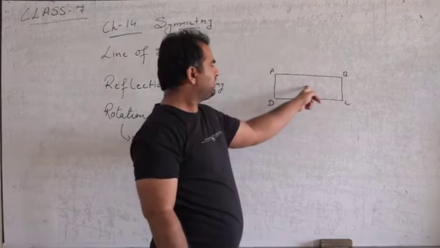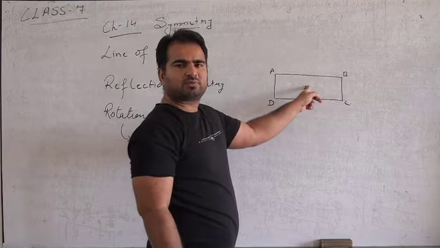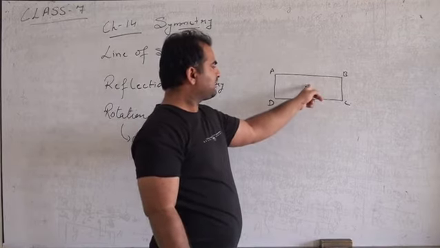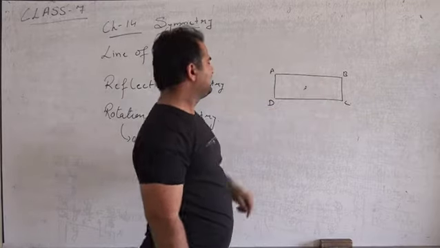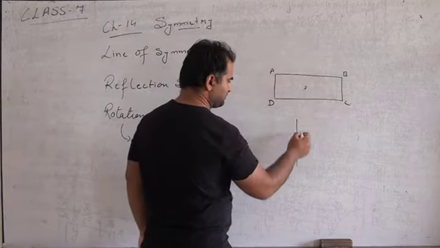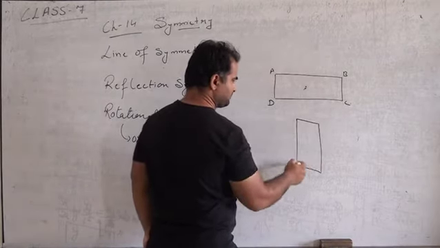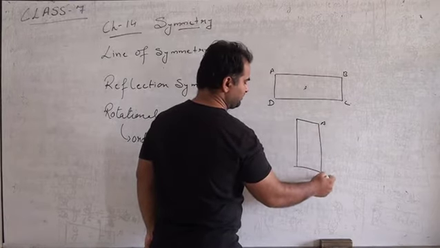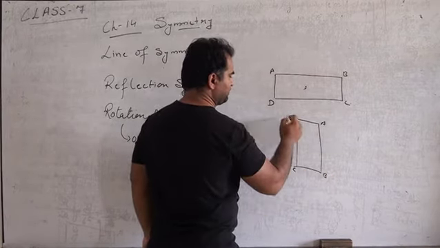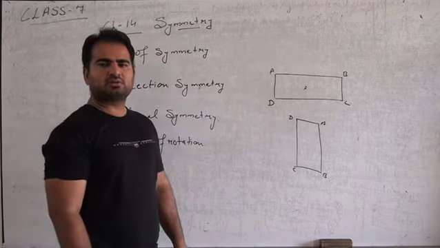What will happen if we take a pen there and rotate it clockwise? It will be like this. A, B, C, D.